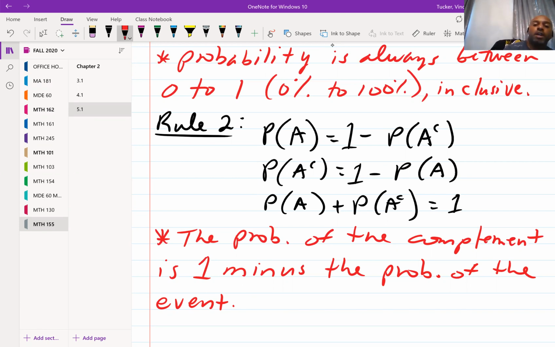Once again, if I have the probability of my complement, I can subtract that from 1 and find the probability of my event. If I have the probability of my event, I can subtract that from 1 and find the probability of my complement. And if I add the probability of my event and the probability of my complement, it's supposed to add up to 1. All of those are the same relationship, just used in different ways.